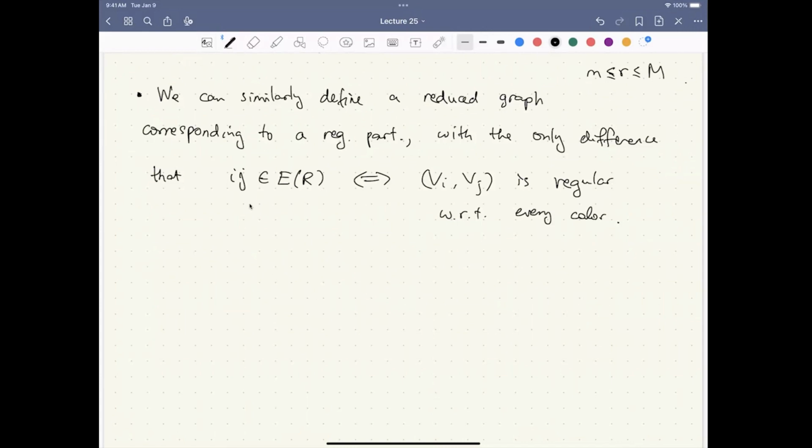By pigeonhole, okay, no. We need all edges to be there to use pigeonhole. In our case, we do have all edges because it's a complete graph. So let's not mention density for now in the reduced graph. We put an edge between i and j in the reduced graph for the multicolor case if and only if Vi, Vj is regular with respect to every color. We don't care about their density. Good.